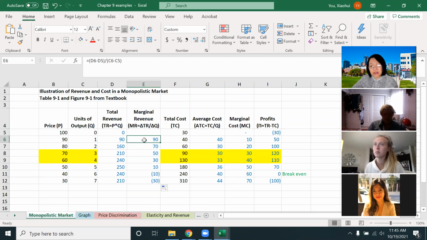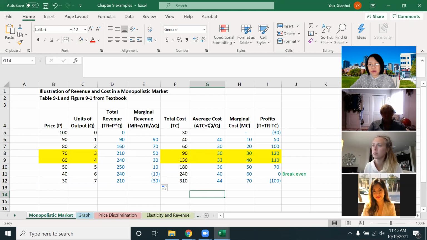After you finish this calculation, choose this cell and move your cursor until it becomes a solid plus sign, then press and drag it all the way to the end. So you get this value, the fraction of the changing value. And then we have the total cost that's given. You don't need to calculate it.